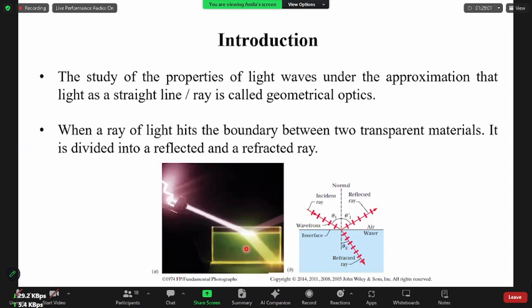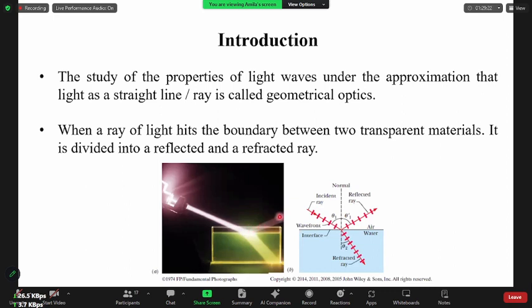We call them the reflected ray and the refracted ray. The portion of the light is refracted and the rest of the light is reflected.